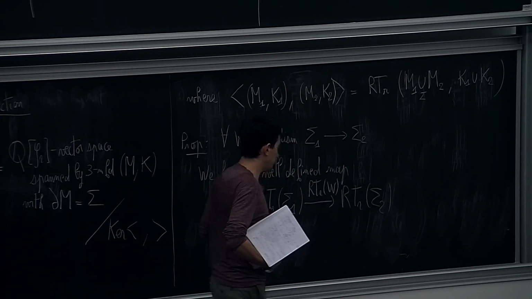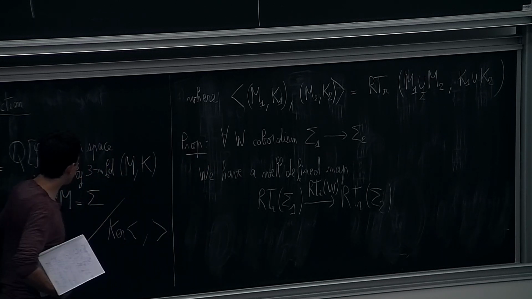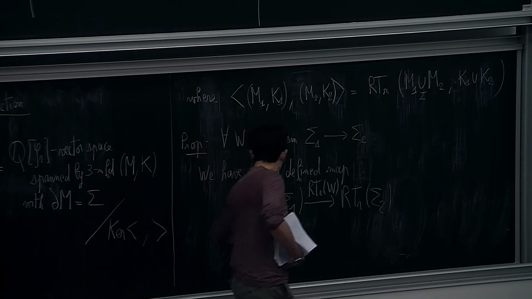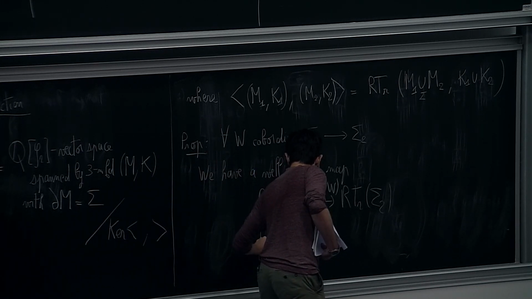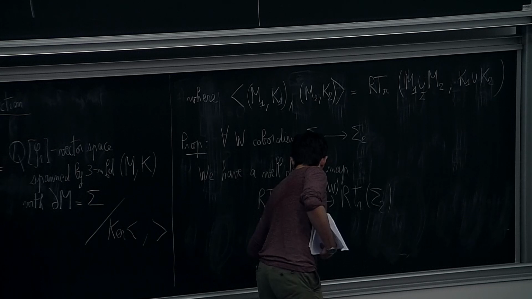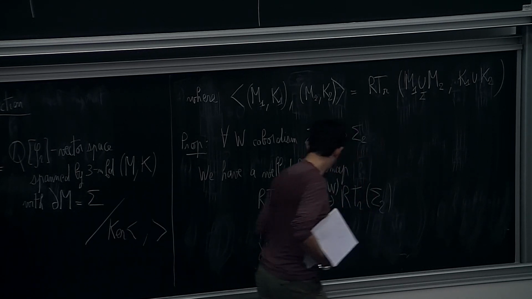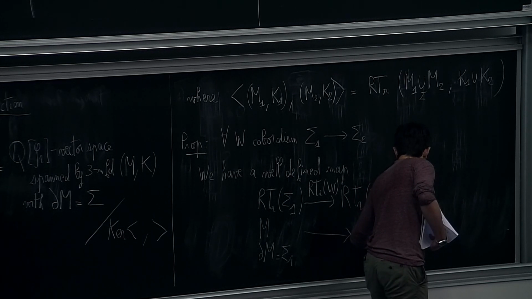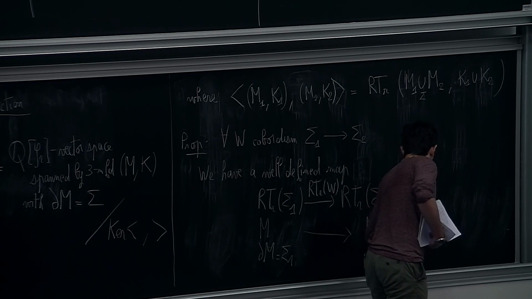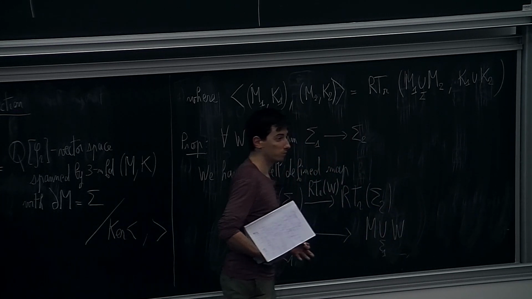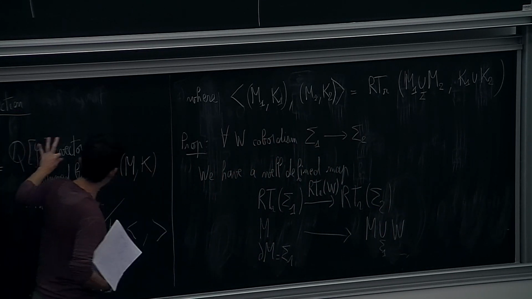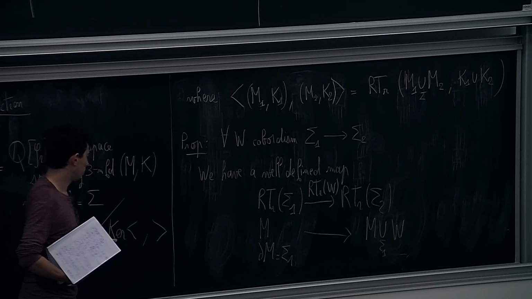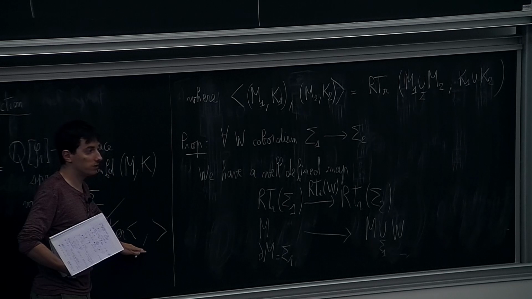How is it defined? Whenever I have a manifold with boundary sigma 1, I can glue on it the cobordism W, and I get a manifold with boundary sigma 2. This is how it acts on the big vector space, but it also acts on the quotient, because it will stabilize this kernel.